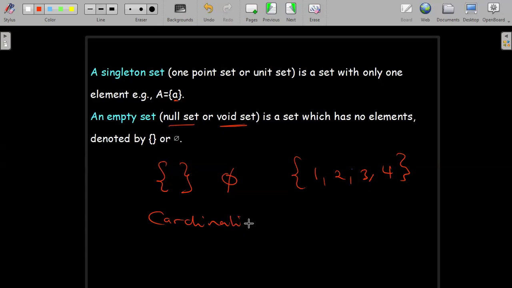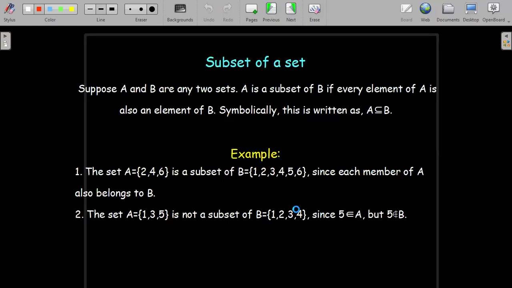The cardinality of a set is how many elements are in that set. When you look at this, how many elements are there? There are just 4 elements. So the cardinality is 4. The number of elements in a set is the cardinality of that set.